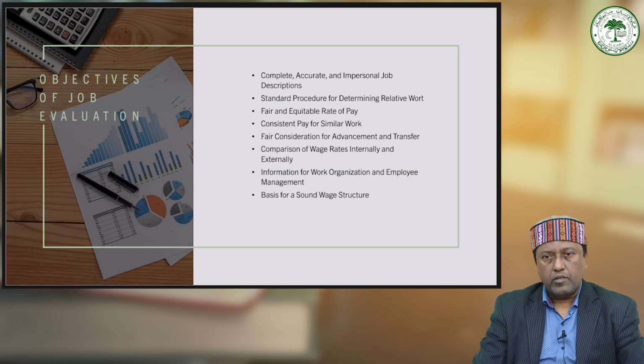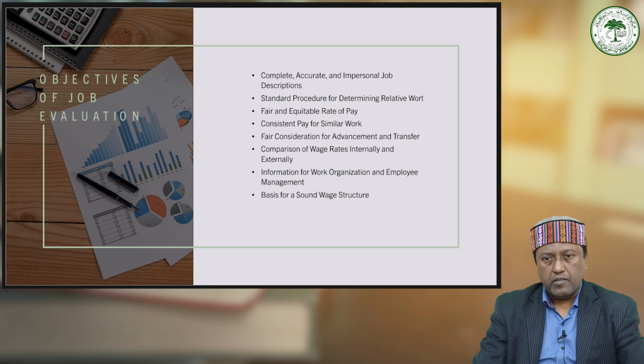Next objective is comparison of wage rates internally and externally. Job evaluation provides a factual basis for comparing wages not only within the organization but also externally, helping ensure competitiveness in the job market.